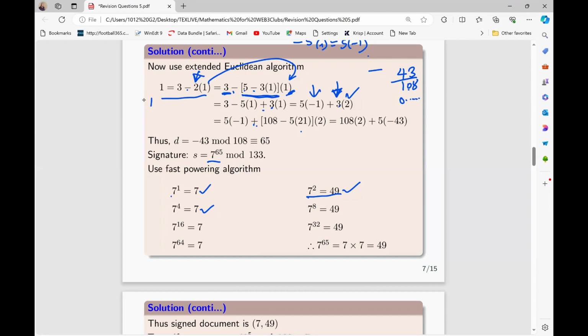So let me just take 49 squared. 49 squared is 2,401. Remember our mod, 133. So when I divide this by 133, it goes 18 times and the remainder is 7.